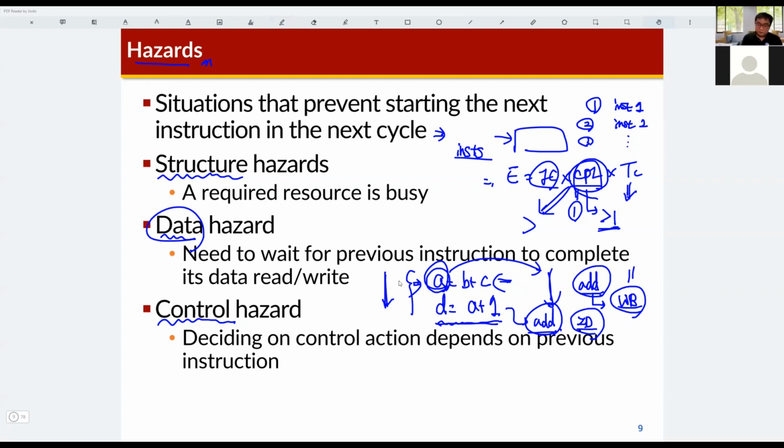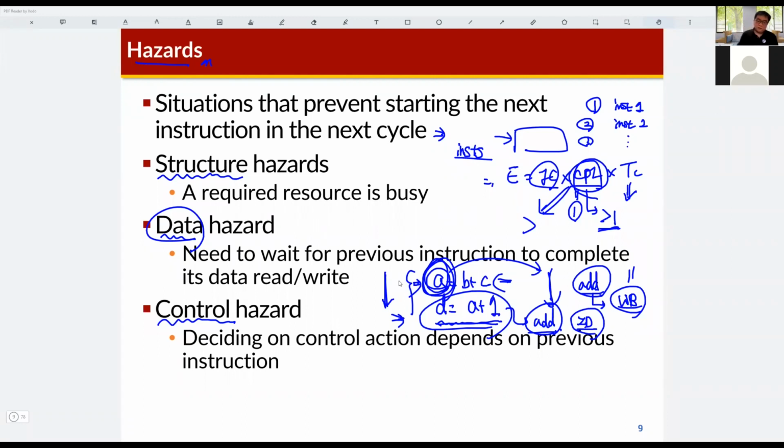So the processor actually waits until this data is stored in the register file. This phenomenon is called data hazard, because the pipeline processor needs to wait until the earlier instruction is completed, right? So wait means that the clock cycle is wasted.